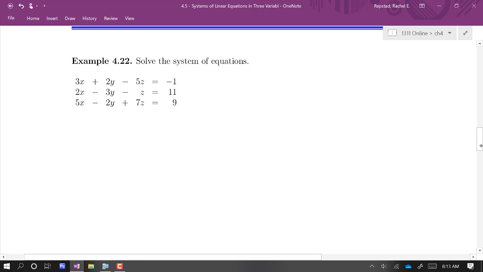Now, the example we're going to do here is one that probably takes the most amount of work. I mean, at worst, you're going to have to put in this much work to solve a 3x3 system using Cramer's rule. And the way I can tell that this is going to require a bit of work is because there's no zeros.